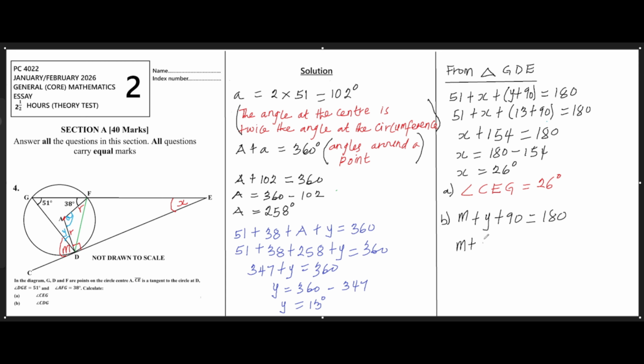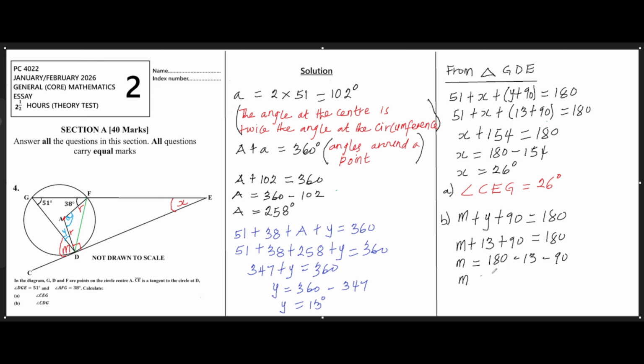Y is 13. So we have M as 180 minus 13 minus 90.